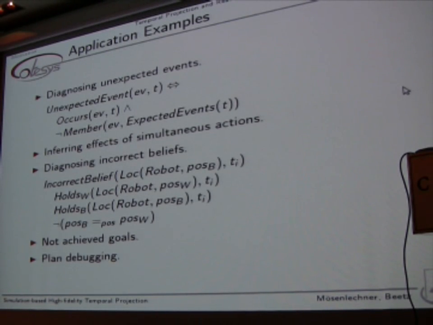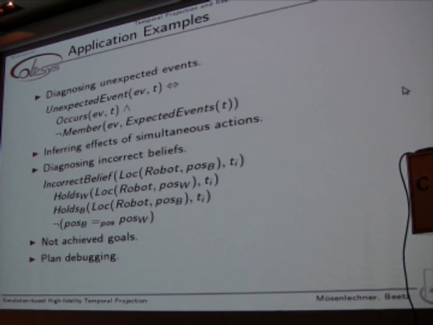The next thing is we can diagnose incorrect beliefs. I think this is a very interesting thing because since we have sensor models and we know what's happening in the world, we can find out if there is a discrepancy, and if there is, we can change the plan, for instance, to change its location to have a better position to look at an object or something like this.